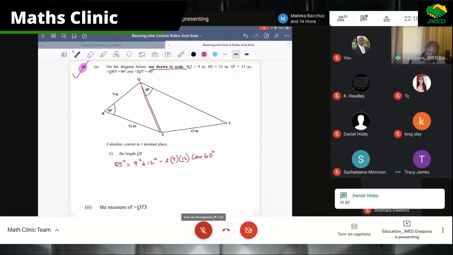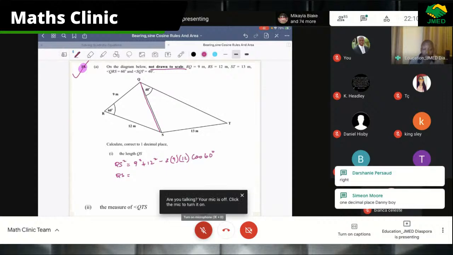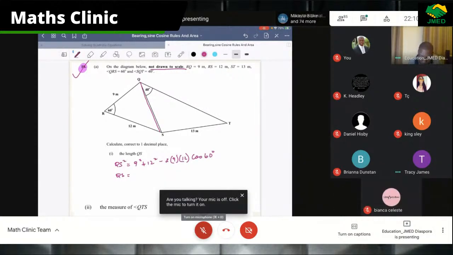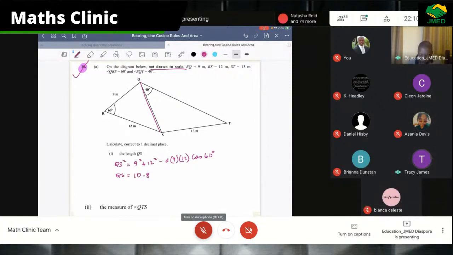Am I right or am I right? Yes? Right. So put that all in your calculator. What did you come out with? 10.8. Beautiful. To 1 decimal place, 10.8 meters.